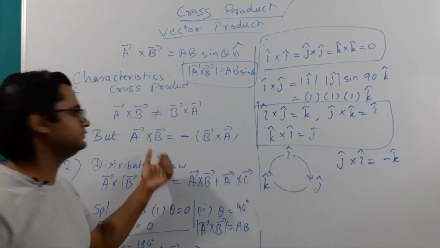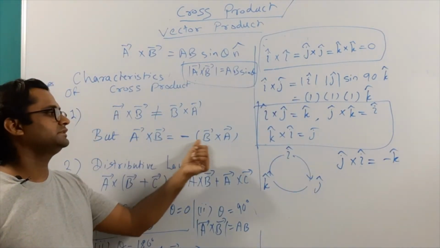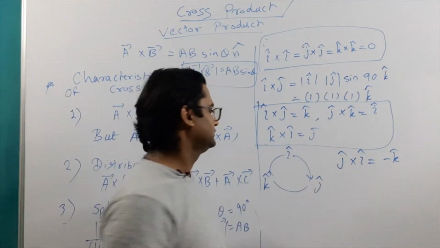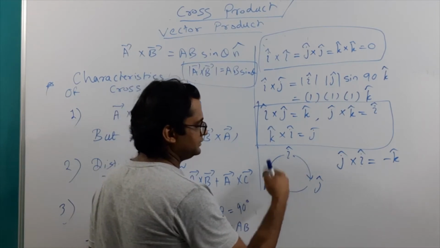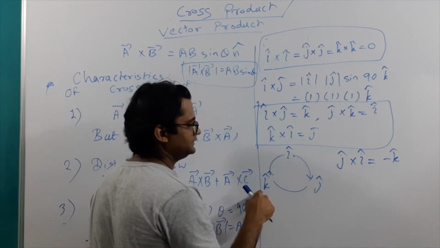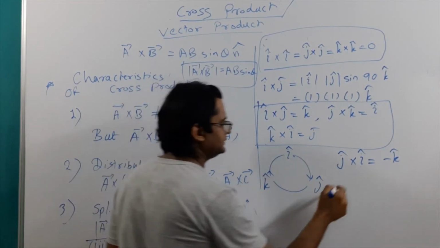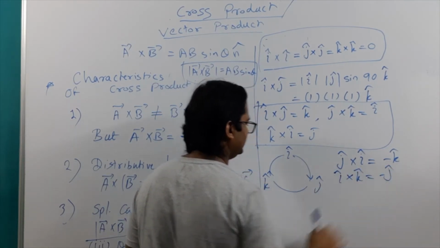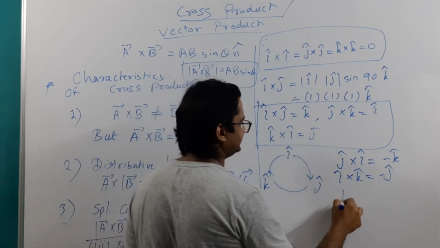Do you remember this situation where a bar cross b bar is minus of b bar cross a bar? So if I change this sequence, we get a minus sign. So from this cyclic order, j cross i is minus k, i cross k is minus j, and k cross j is minus i.